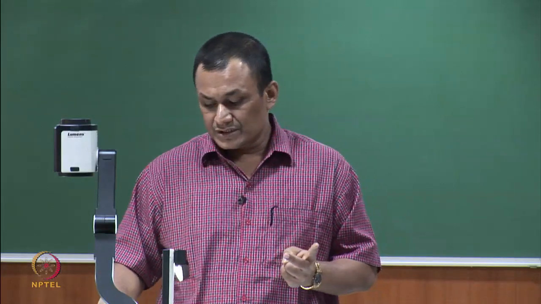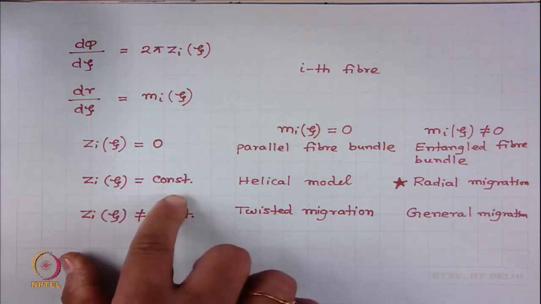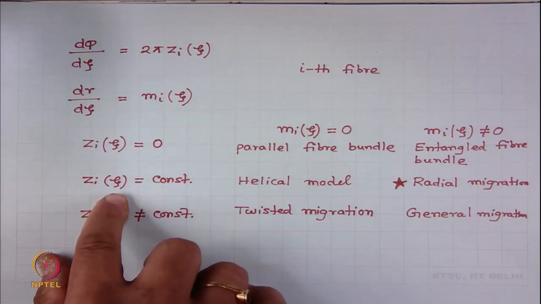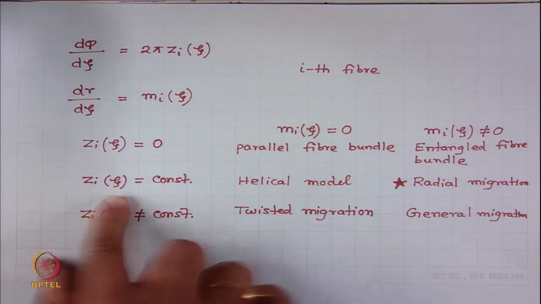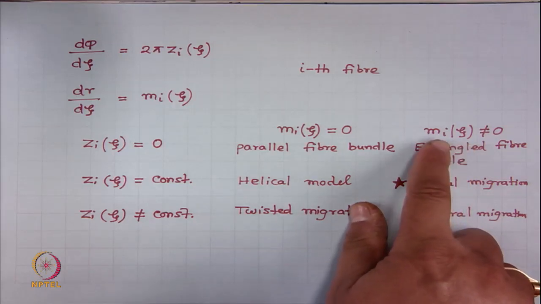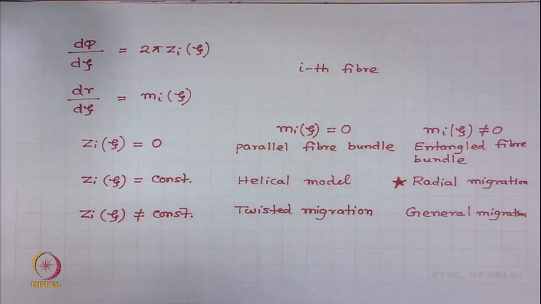One, twist of the ith fiber is constant, and this twist is of course a function of zeta, and radial movement must be there. So M i for the ith fiber is not equal to 0.